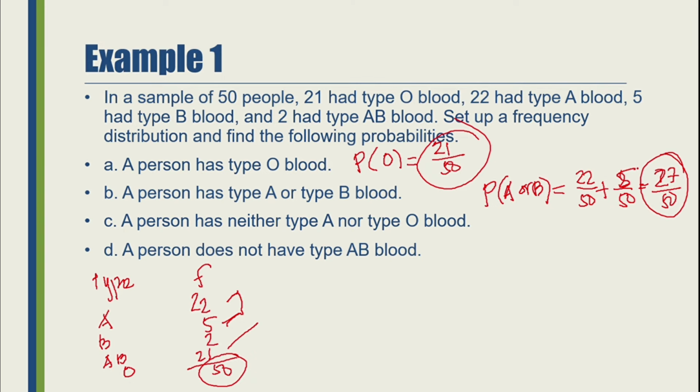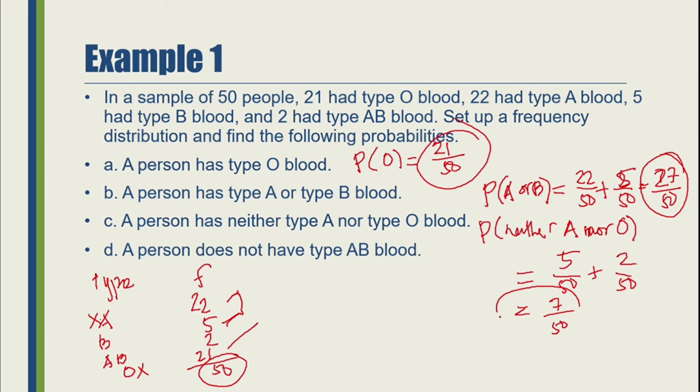Letter C, we have here neither type A nor type O blood. So we have to exclude A and O. Therefore, the probability of neither A nor O is equal to 5 over 50 plus 2 over 50, because those are not A and not O. So therefore we have 7 over 50.